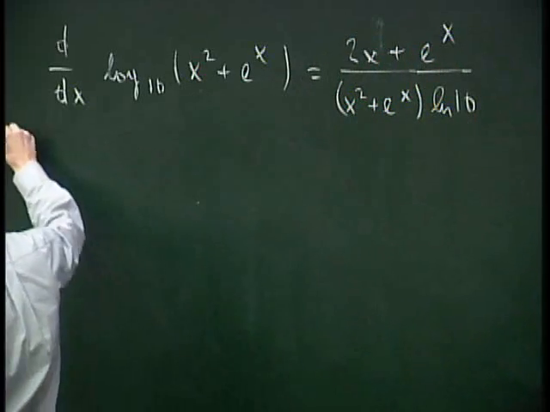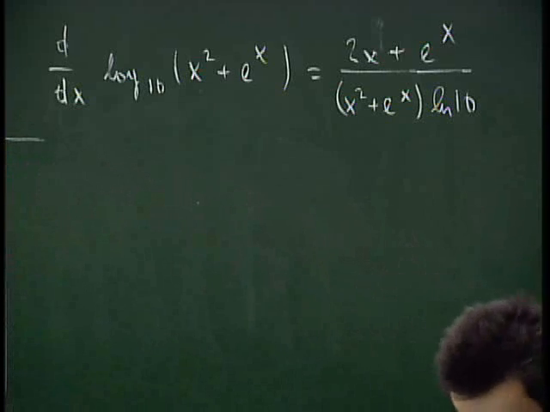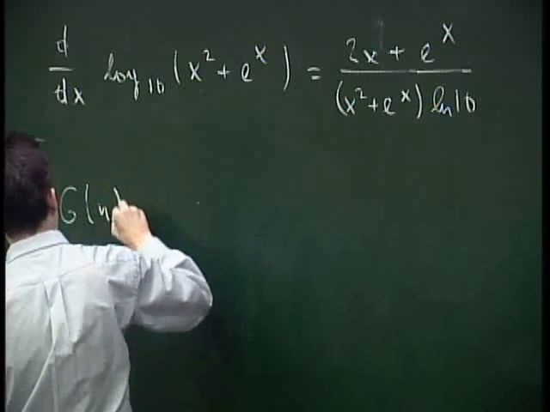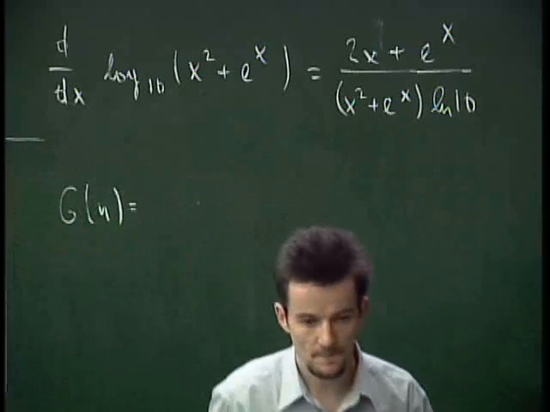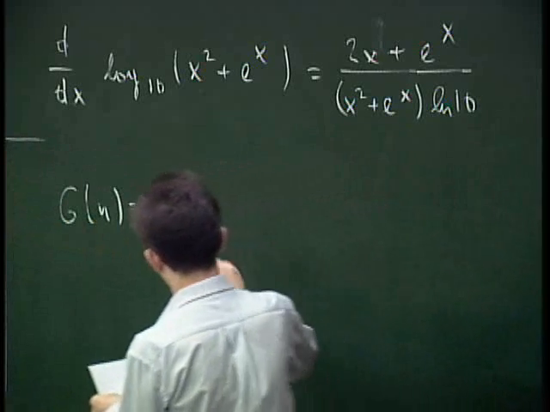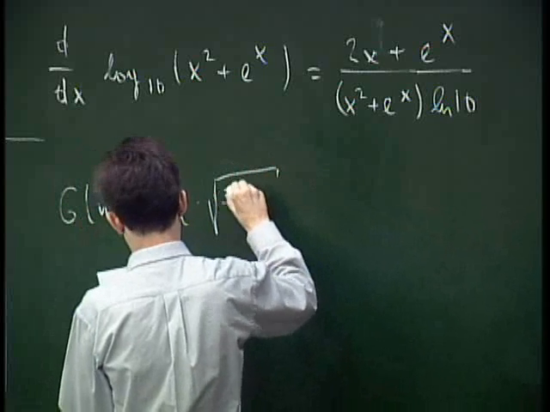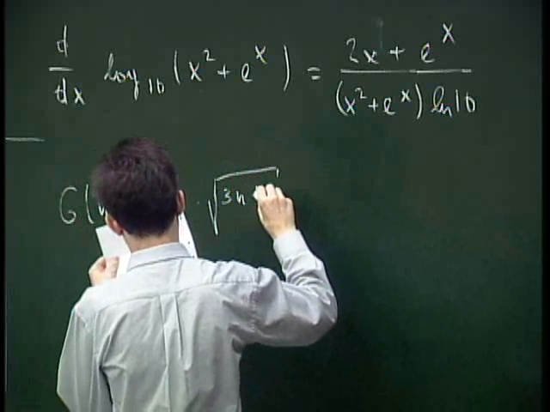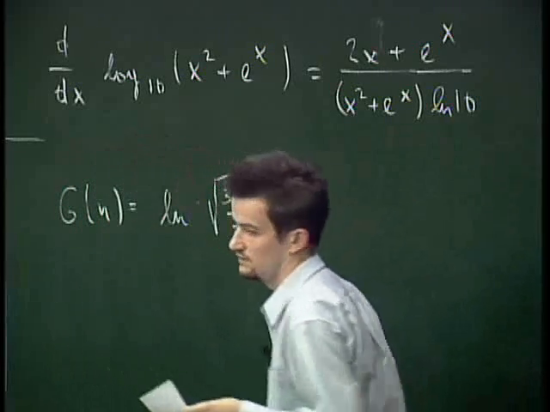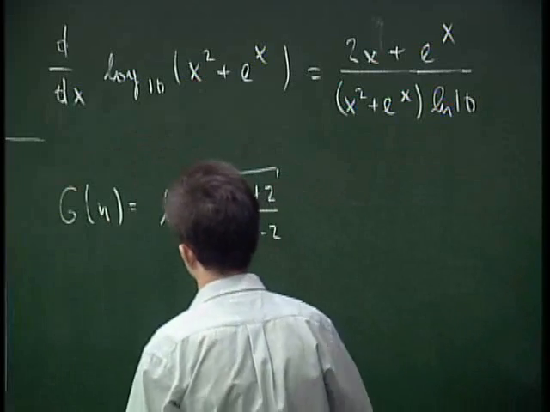You can do some more examples if you're not so familiar with derivatives of this function. Just to look at an example which is slightly more interesting would be this one. If you have the ln of the square root of 3u plus 2 over 3u minus 2. Of course, one way is you just compute the derivative.